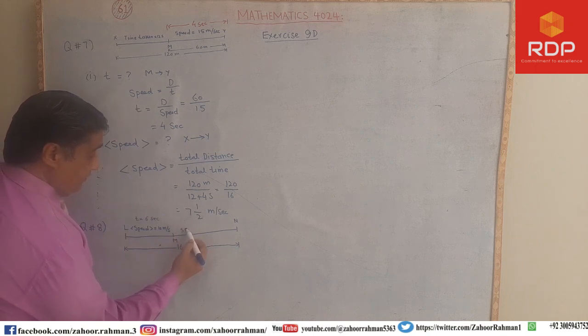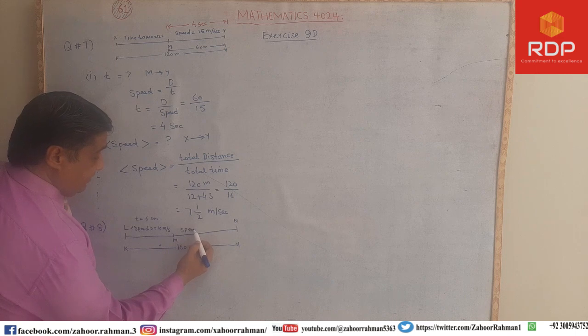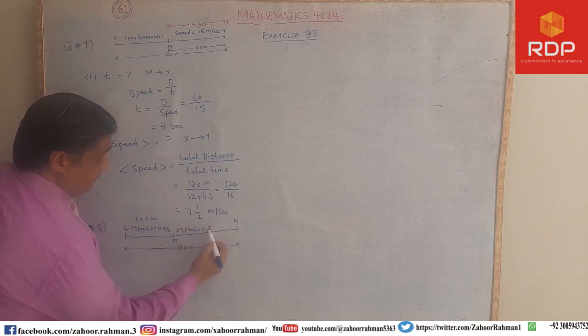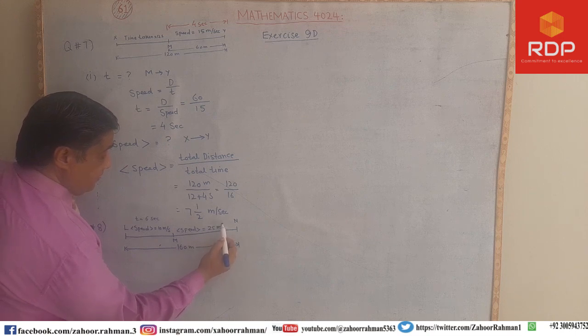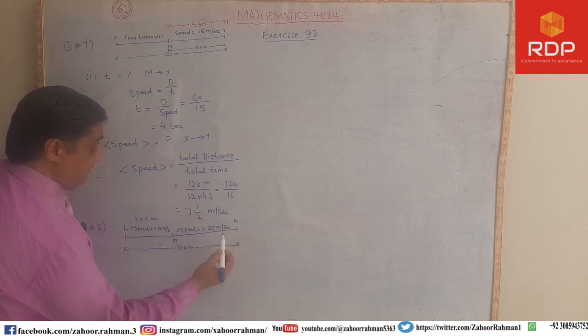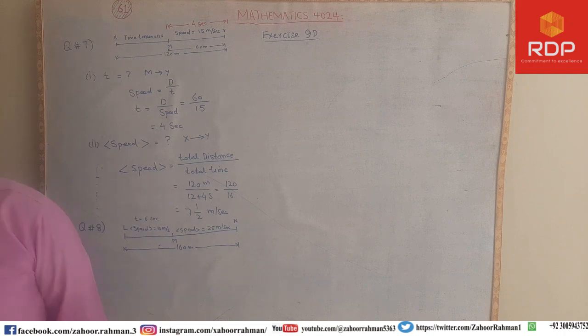So from M to N the average speed is 25 meter per second. And these are all the information given to us.